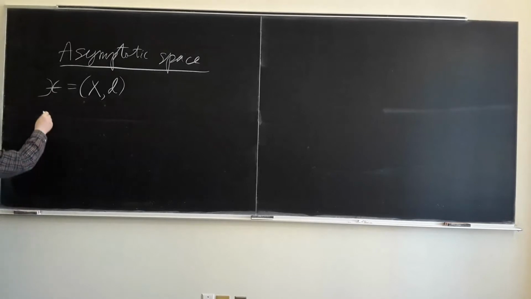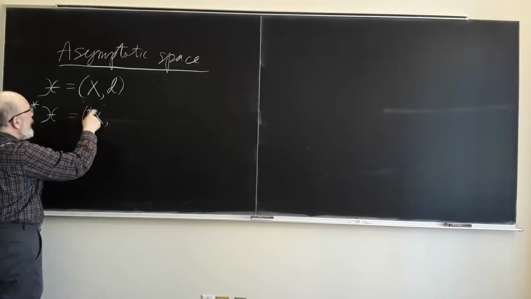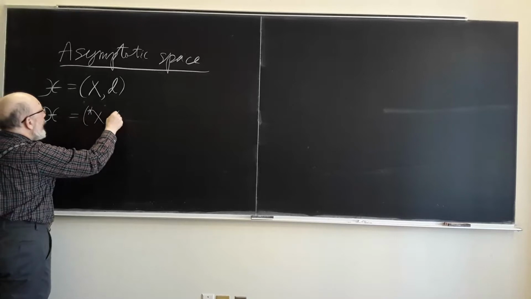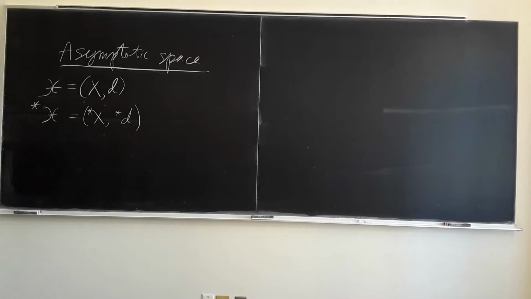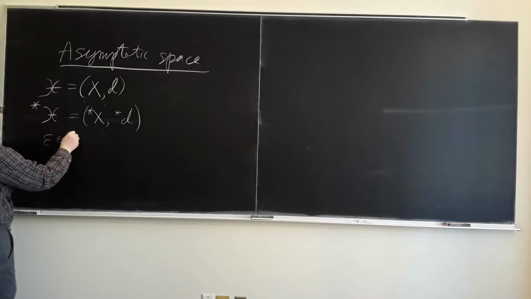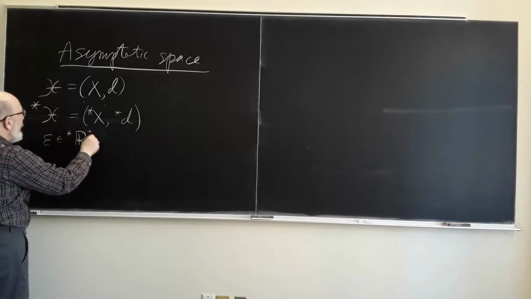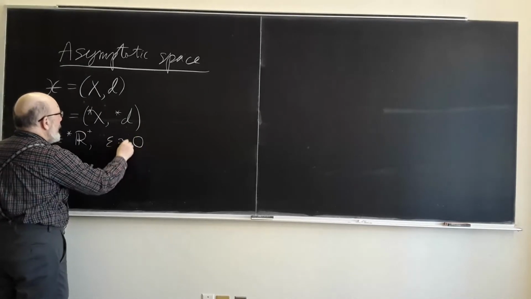So we consider star X, the non-standard extension of X, which consists of a set star X and a function star d. Now we take epsilon in star R plus, such that epsilon is infinitesimal.